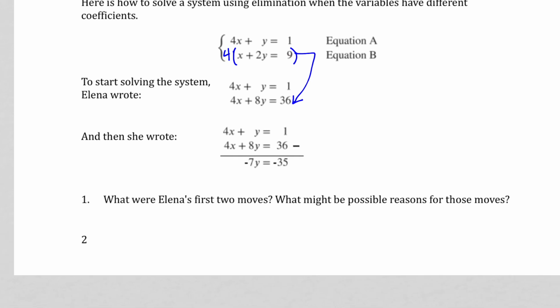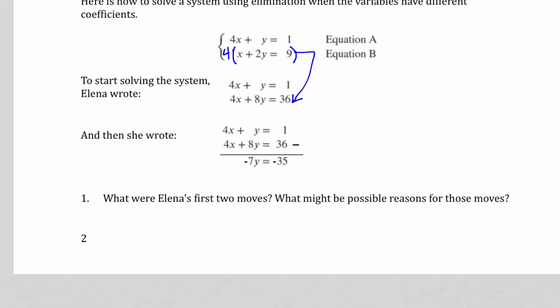Then she just did what we use for elimination. So Elena's first 2 moves, her first move was to multiply by 4.